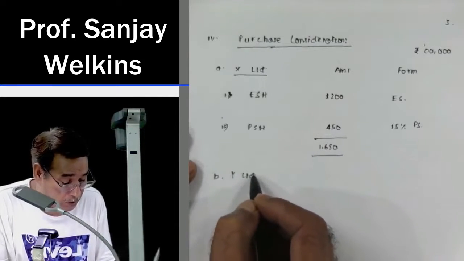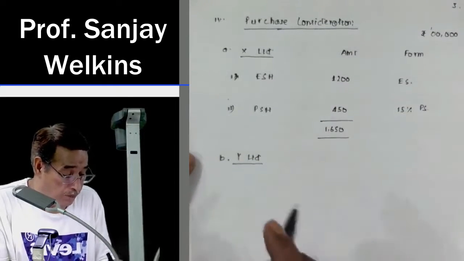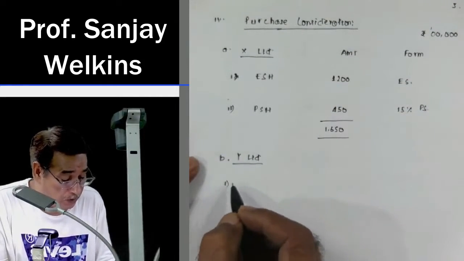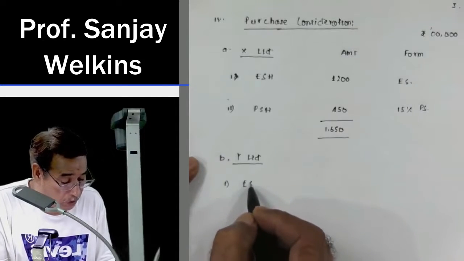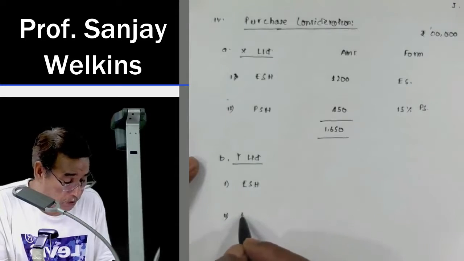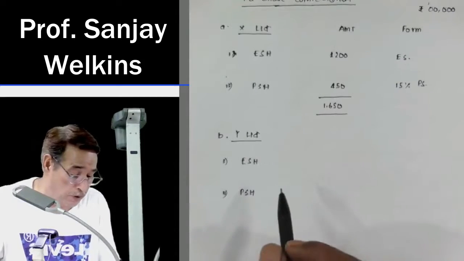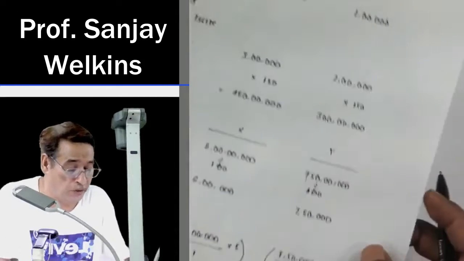Y Limited. You write here equity shareholders, and then you write preference shareholders. Of course, debenture holders of Y Limited are also receiving payment, but I need not tell you why we are not going to take them here.